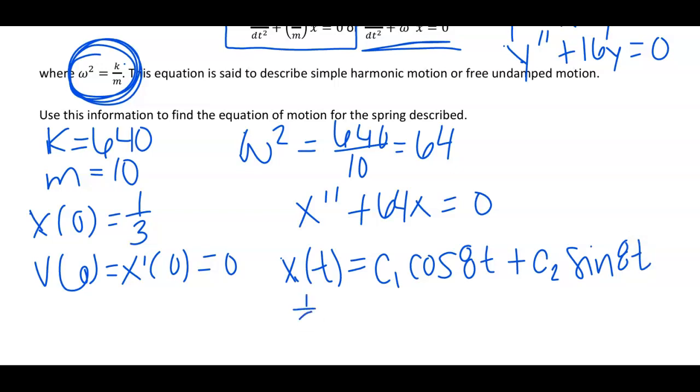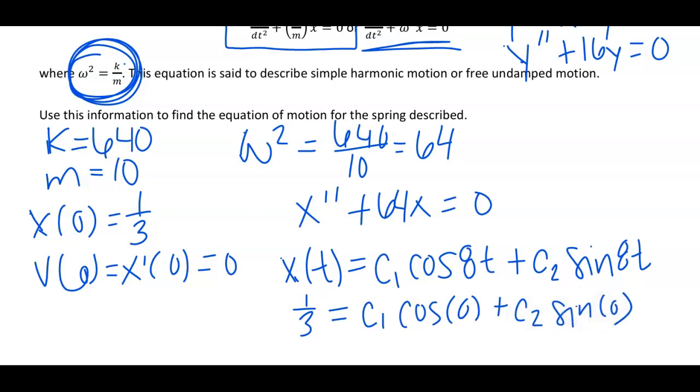I know that 1/3 is my output at time 0. So C1 must be 1/3. And then I know my initial velocity is 0.